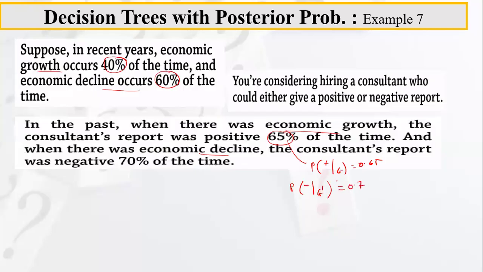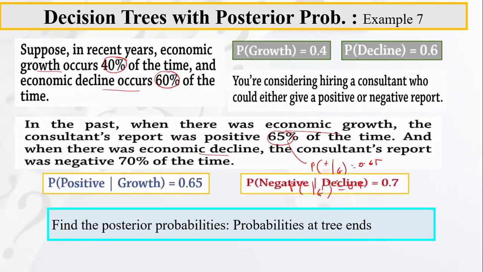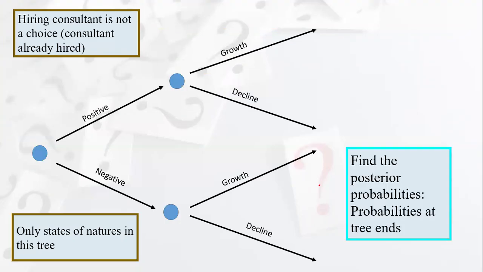So these are given to you. Okay. So look at it. Positive given the growth. Negative given no growth or decline. 0.7 given to you. So now positive and negative happen, and then growth or no growth. You will be able to find out. Okay. So the other way around.